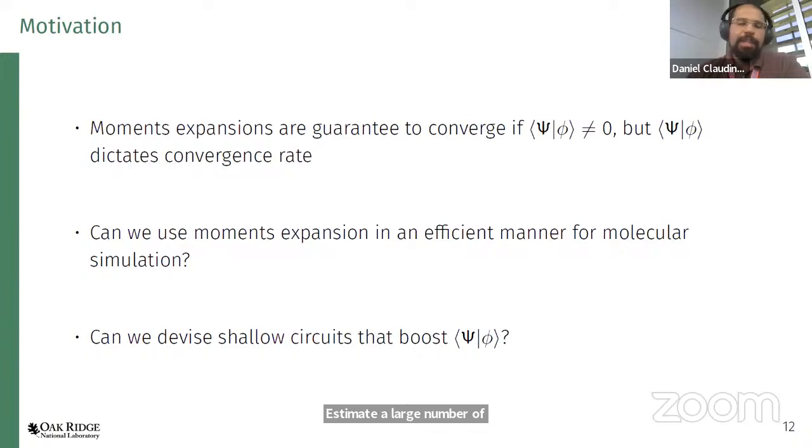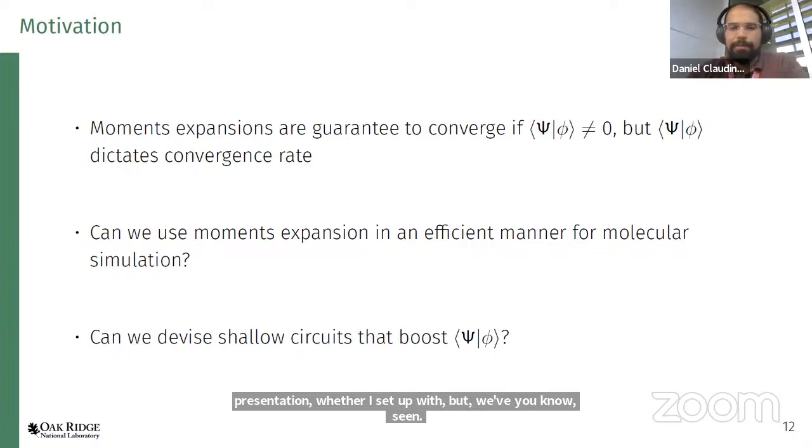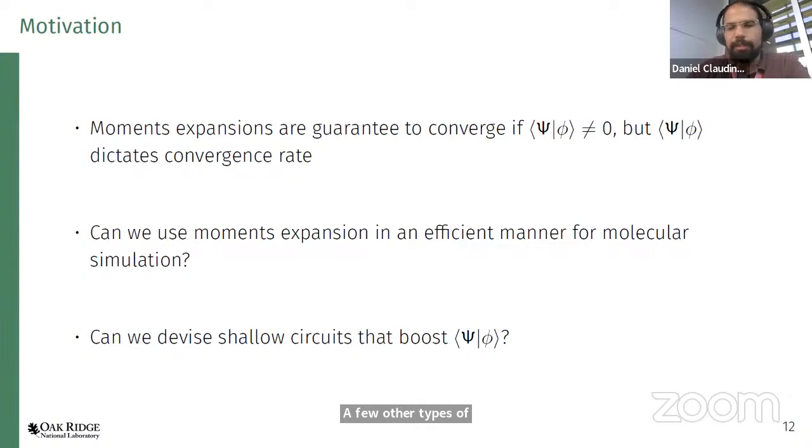Now, the question we try to address in this paper was, can we use these methodologies in an efficient way? Looking at molecular simulation, I decided not to delve into this matter in this presentation, although I said I would, but we've seen a few other types of Hamiltonians and treated them pretty successfully with this method.